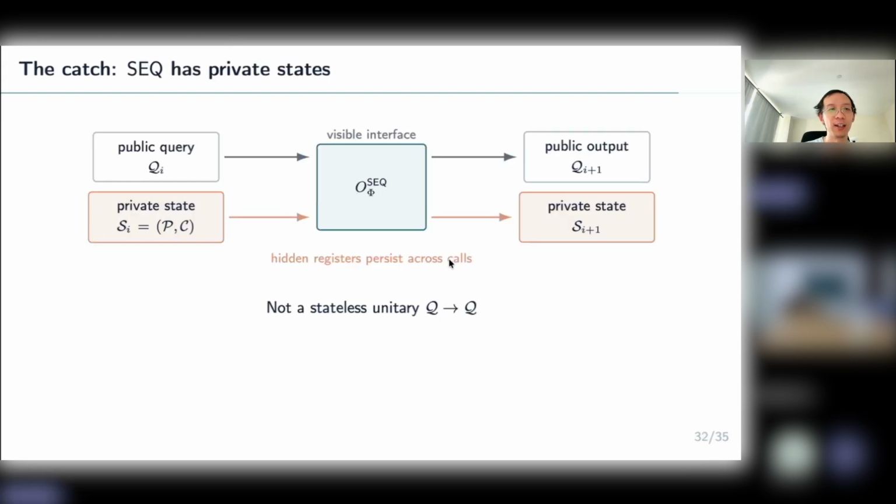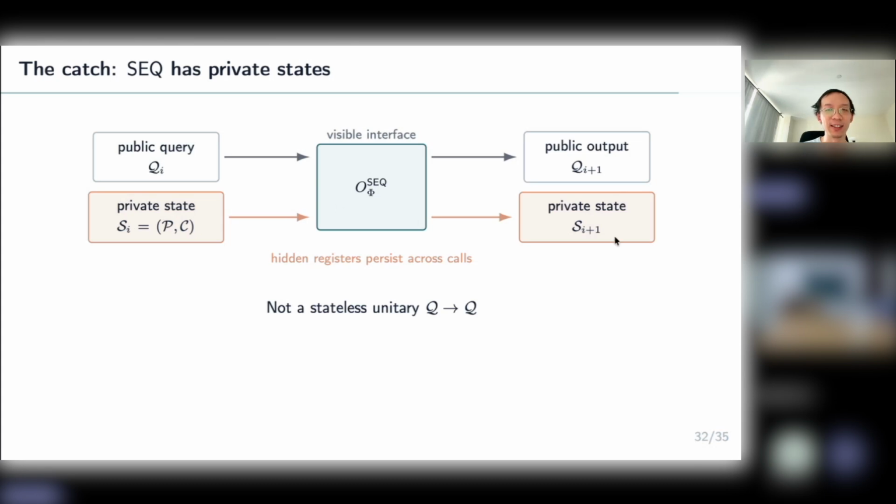Now, as Atul already mentioned, there is a catch, which is that SEQ is not really a traditional interface. It's a stateful oracle. What that means is that SEQ not only takes a public query Q_i and then outputs some output Q_{i+1}, it also maintains some private state S_i.